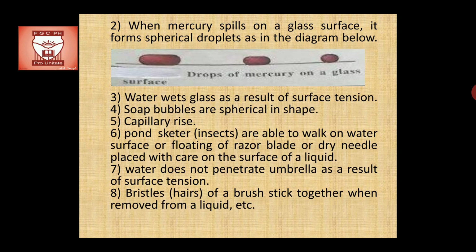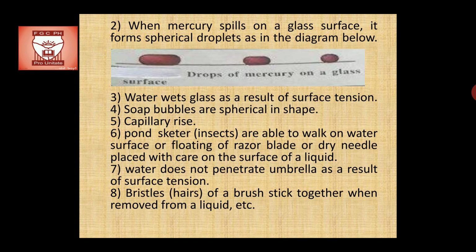Number 2, when mercury spills on a glass surface, it forms spherical droplets, as in the diagram below. You can see the drops of mercury on a glass. Once you drop it, it forms bubbles on that glass. It is as a result of surface tension.